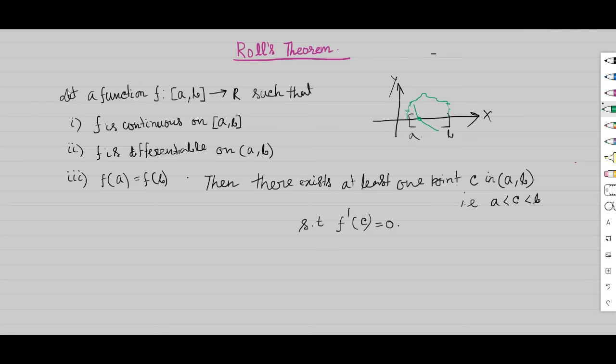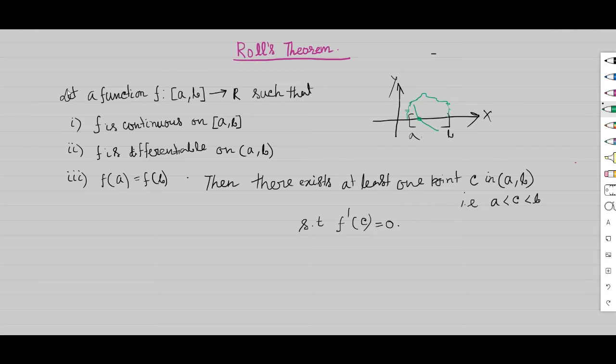Now there is another version of Rolle's theorem for polynomial functions. You know that a polynomial function is always a continuous function. So to apply Rolle's theorem, we need a continuous function on a certain interval and a differentiable function on that open interval, and f(a) equal to f(b).